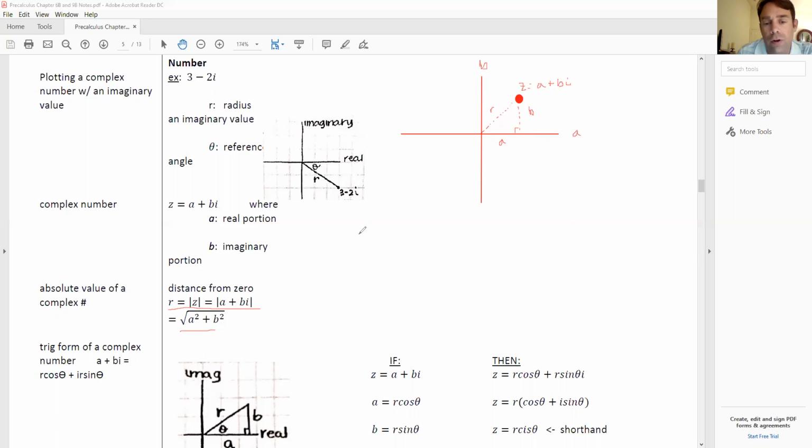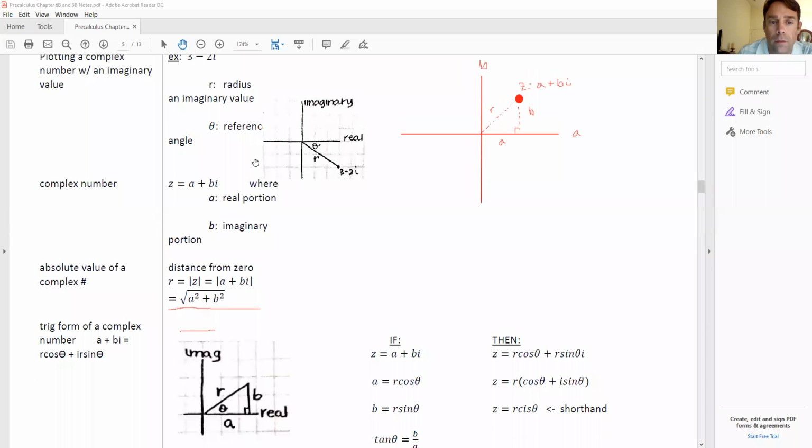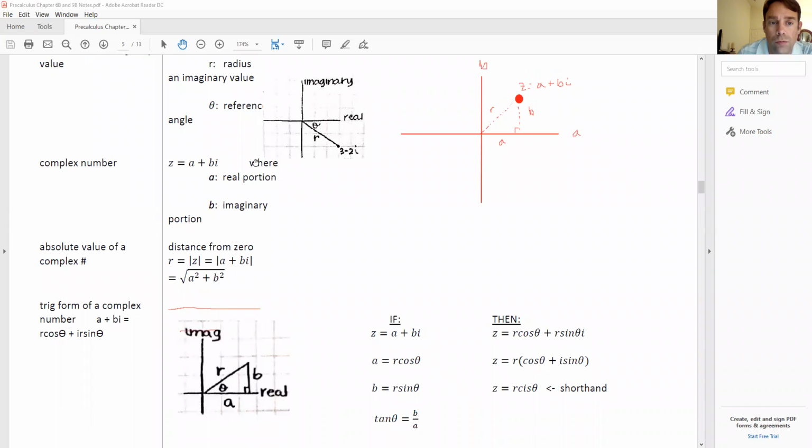But what we're going to do today is take this complex form and write it in what we call its trig form. So instead of A plus Bi, we're going to write it in its trig form, R cosine theta plus R sine theta i.